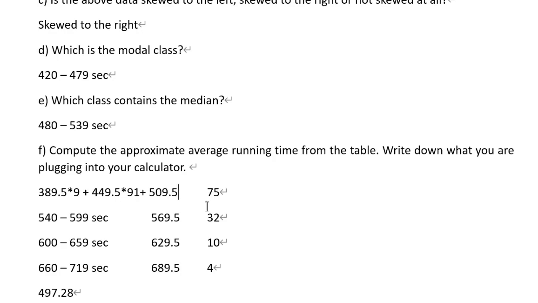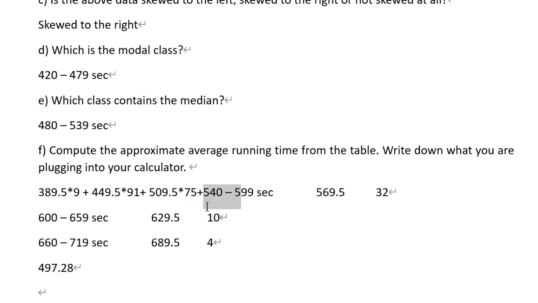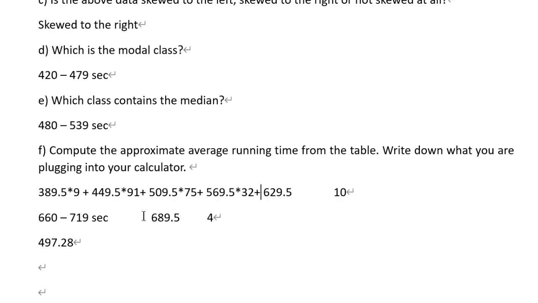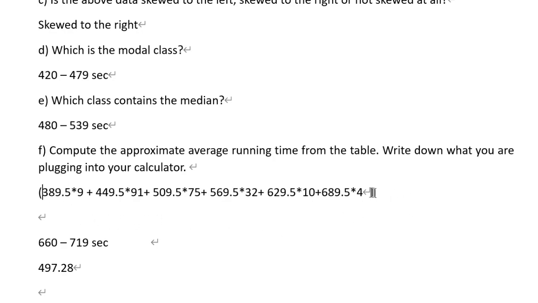And then times 75 plus, that should be times 32, 629.5 times 10, plus this one here times 4, and then everything should be divided by 221, and that gives you 497.28. So that's the average.